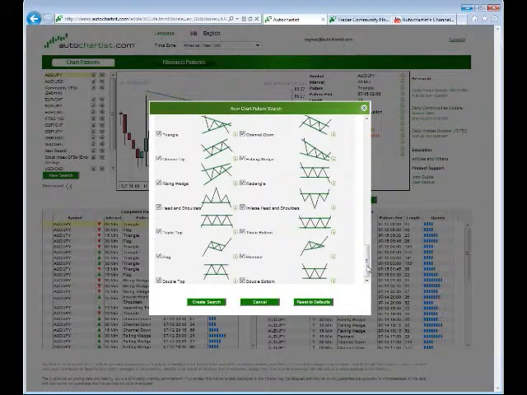Sideways chart patterns can also include double top, double bottom, triple top, triple bottom, pennants, and I'll throw flags in there. Let me for a moment mention flags and head and shoulders as it pertains to our discussion here today.